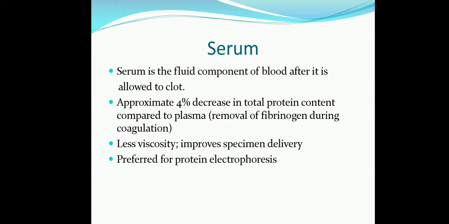Whereas serum is the fluid component of blood after it is allowed to clot. There is an approximate 4% decrease in total protein content compared to plasma, due to removal of fibrinogen during coagulation. Less viscosity improves specimen delivery, preferred for protein electrophoresis.